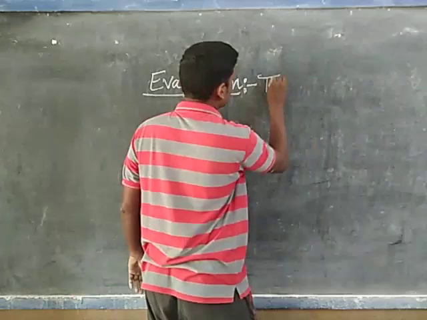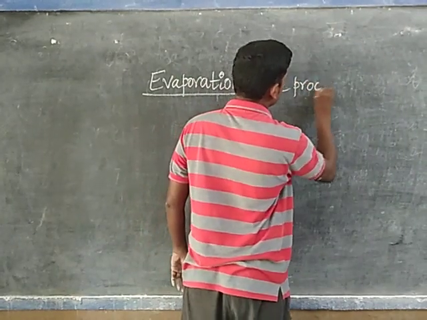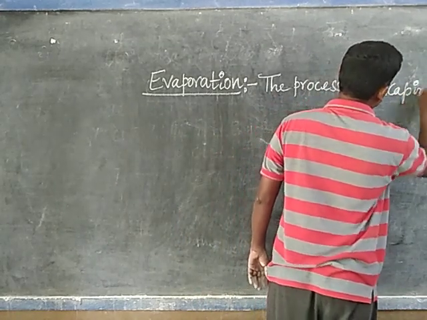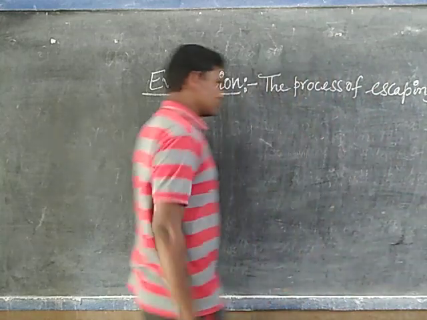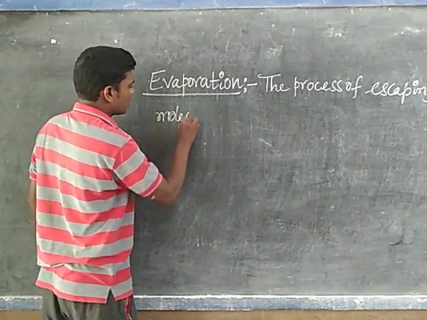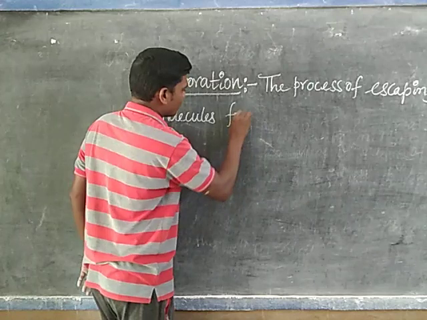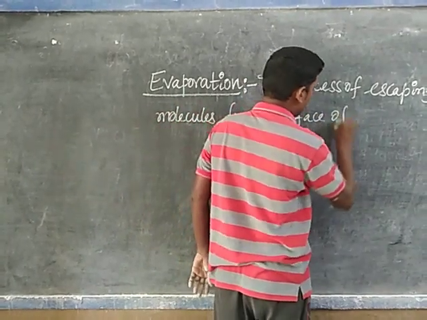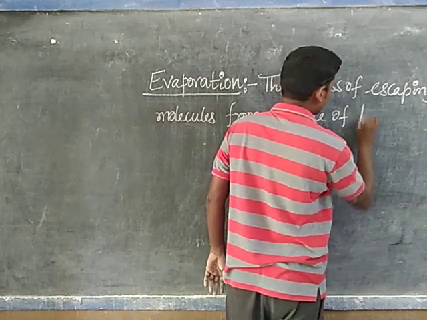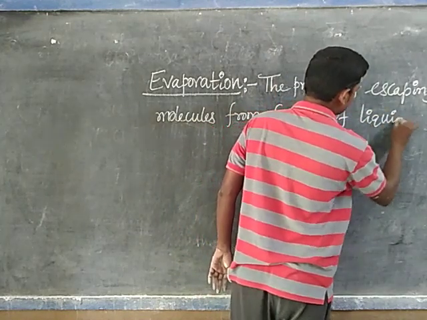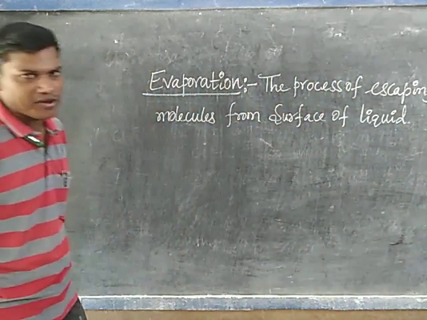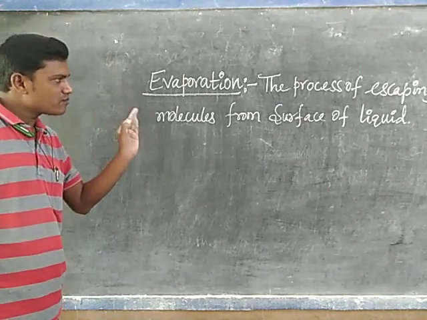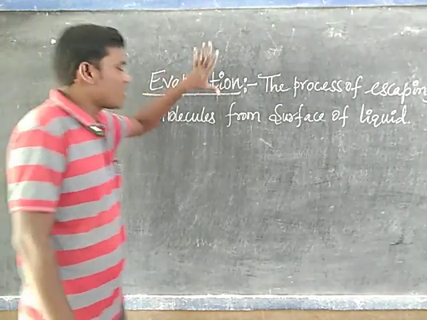Evaporation is the process of escaping of molecules from the surface of a liquid. Listen very carefully: the process of escaping of molecules from the surface of a liquid is called evaporation.